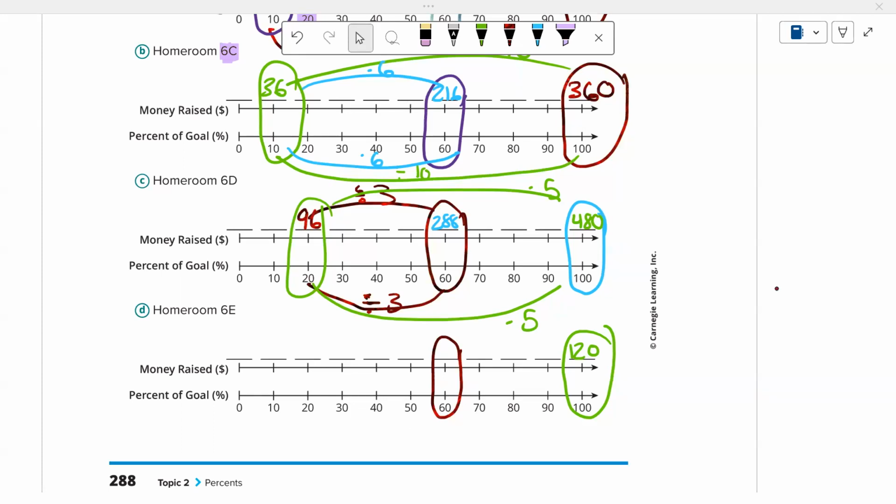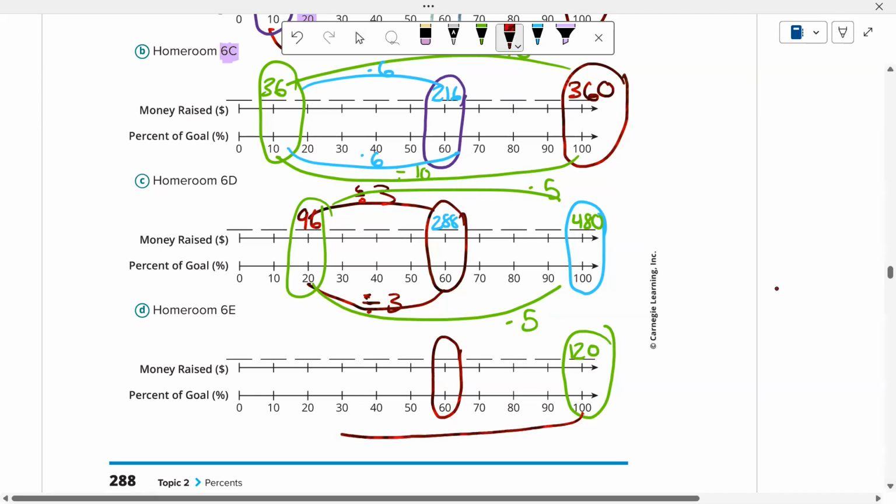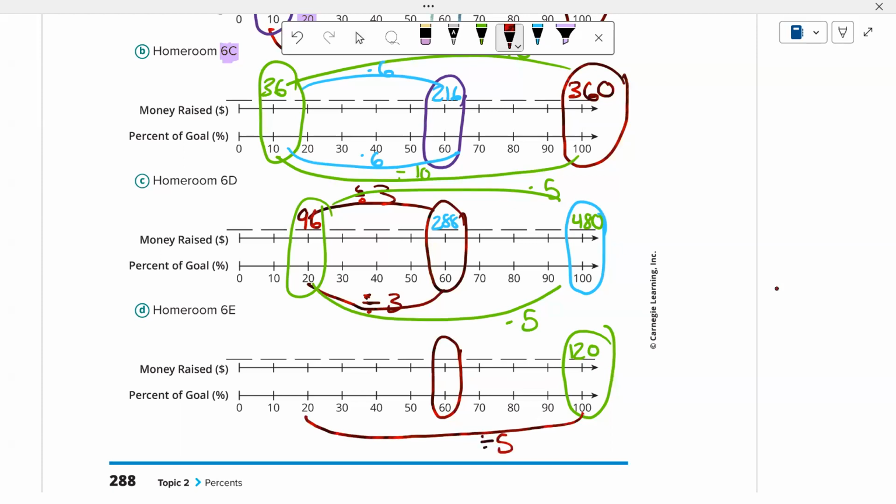Okie dokie. So once again, we can do the same method. So let's see if you got it right. So I want to get to 60. Well, probably my smartest bet would be to either get to 10 or 20. I'm going to do 20 again just to show you that. So if I do that, I divide by 5. 120 divided by 5 is 24.